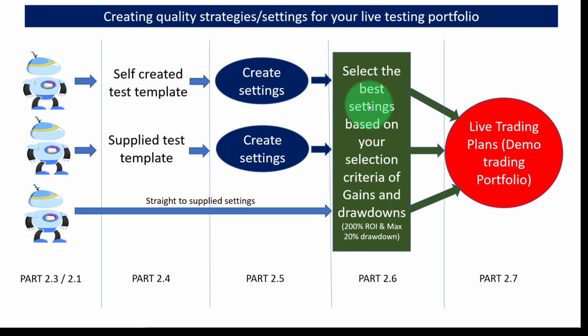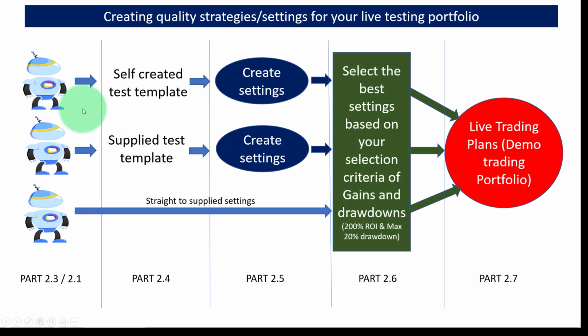You can use the gains that those settings make, but you can also use the drawdowns that those settings make. And here's an example of criteria that you could use. You could say, I only want to use settings that produce 200% return on investment but have a maximum drawdown of only 20%. That's typical criteria that you could use to filter the bad settings from the good settings.